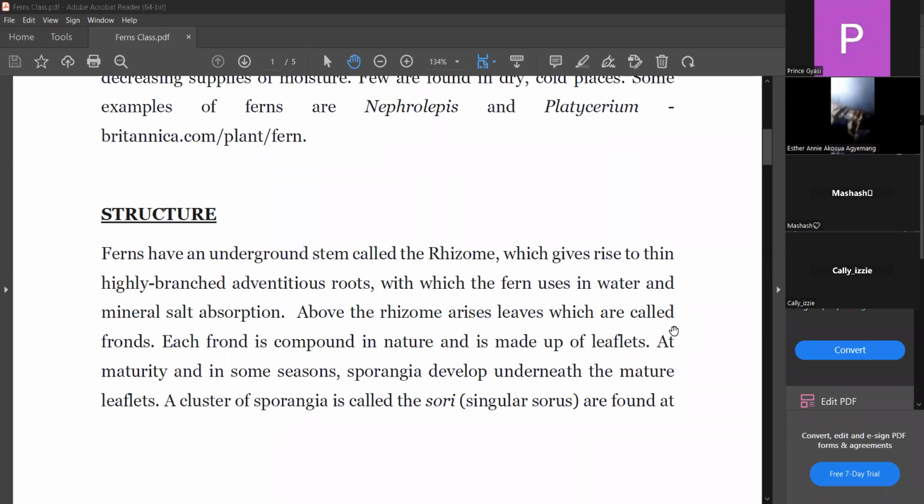You find this underneath the leaves. I'll show you a picture very soon. You find this underneath each of the leaflets of the fern. So you have a cluster of sporangia called the sori, and the sporangia produce the spores. So at maturity, the spores are formed. Can we get this?